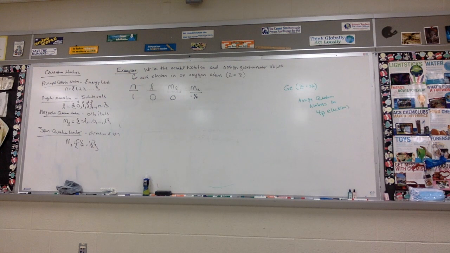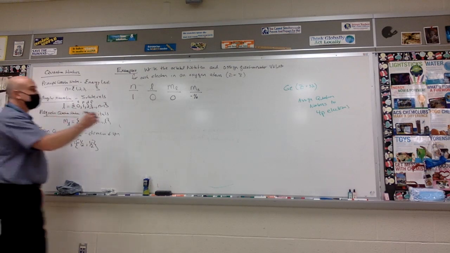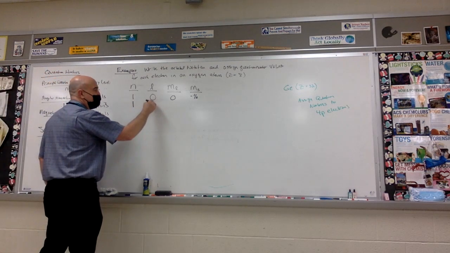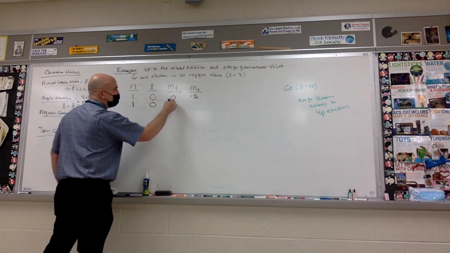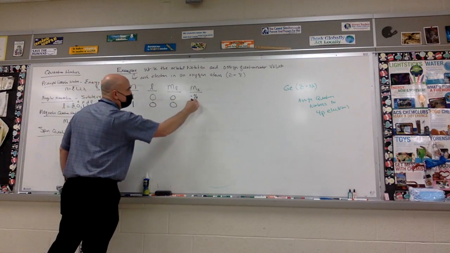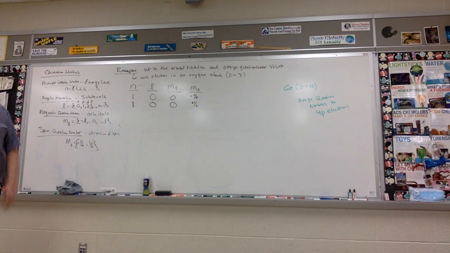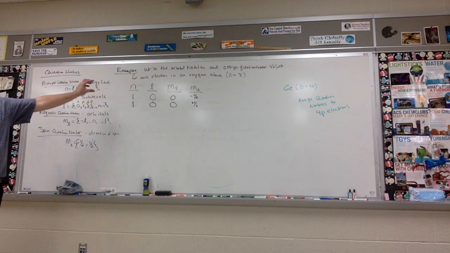But what has to be different about it? Its spin. So my next electron is still going to be in the first energy level, S sublevel, S orbital, but it's going to spin the opposite direction. This is my quantum number values.